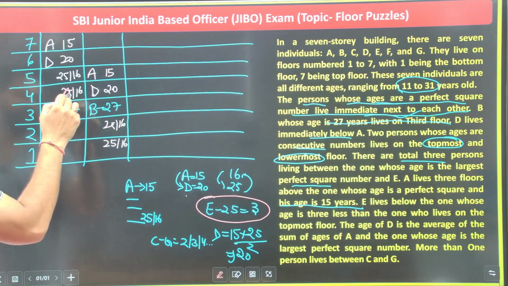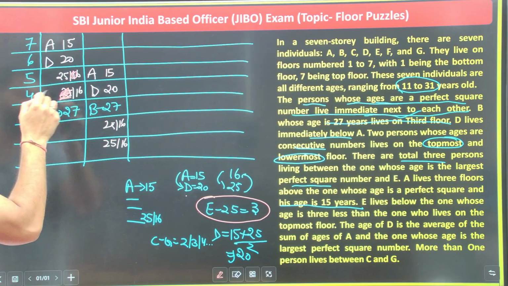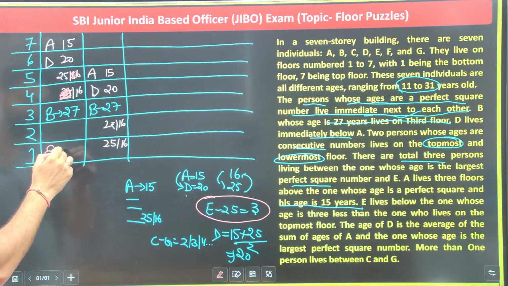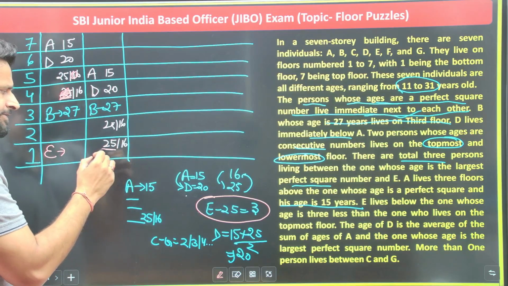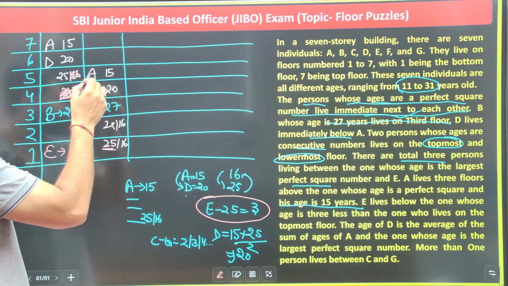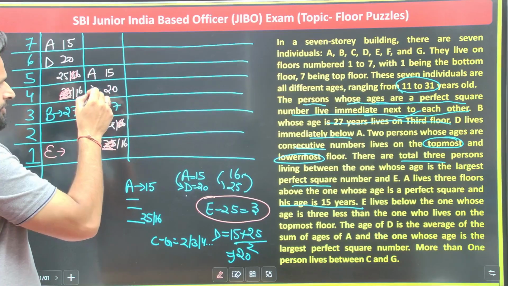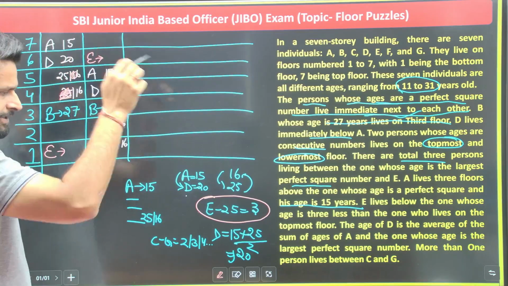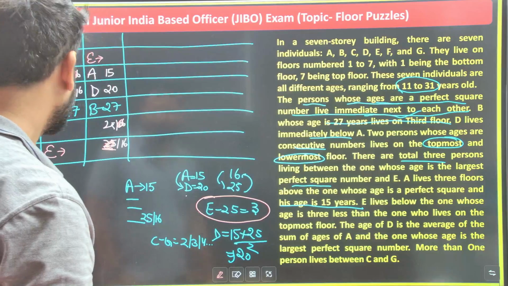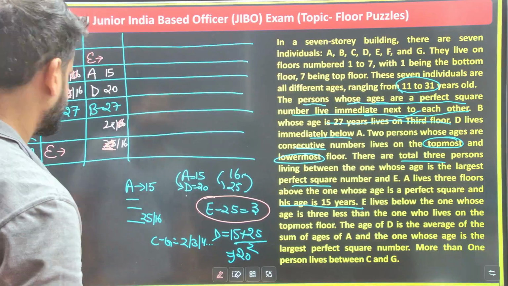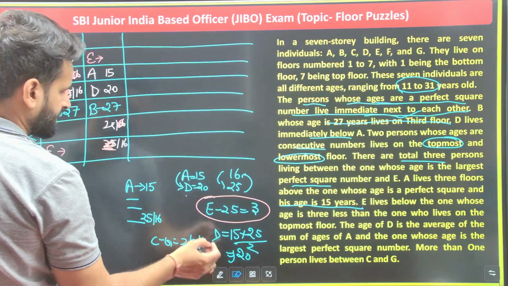This is not 25 or 16. 1, 2, 3, this will be E. Similarly here, if this is 25, 1, 2, 3, E, not possible. 25, 1, 2, 3, E, possible. Is it okay? E is 25. Yes, this is your solution.